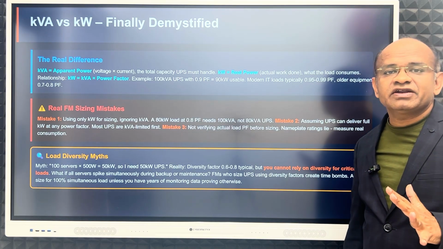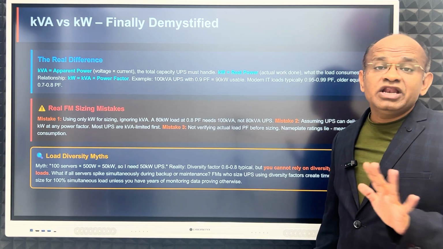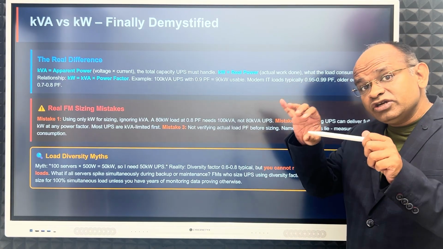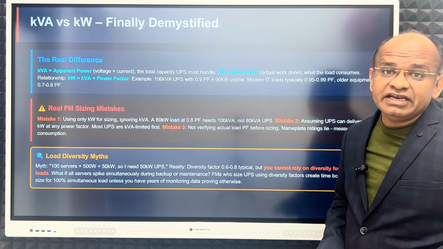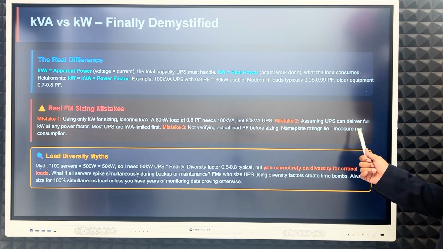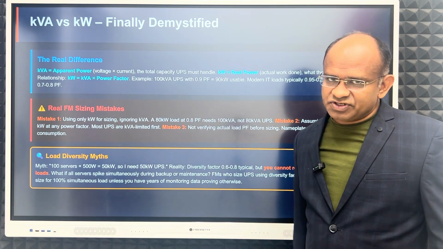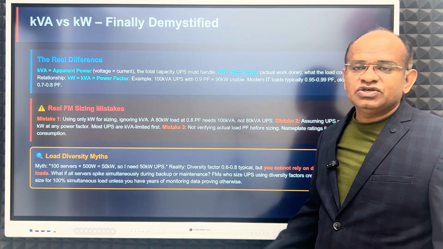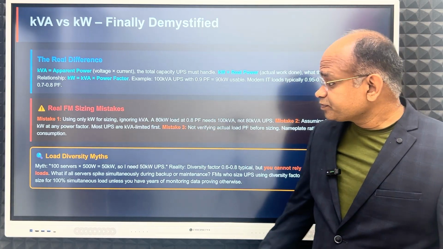If you go by nameplate ratings, you will have wrong calculations, because you need to put a power factor meter online and check the power factor before doing this. Nameplate ratings lie, so measure real consumption. It is very important. And then size your UPS.